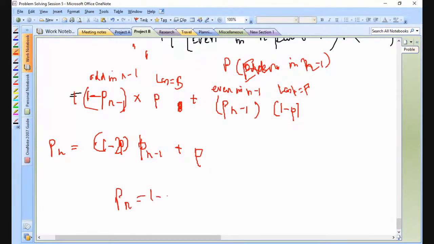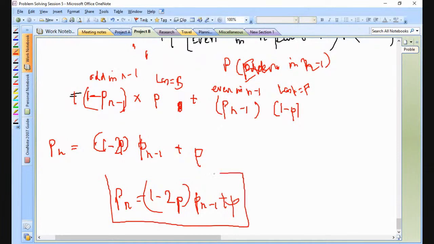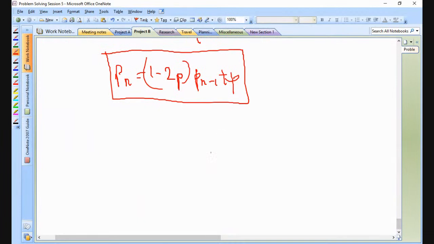Pn is equal to 1 minus 2P into Pn minus 1 plus P. So you can solve this equation now. How to solve this?